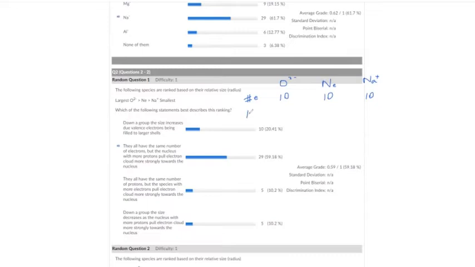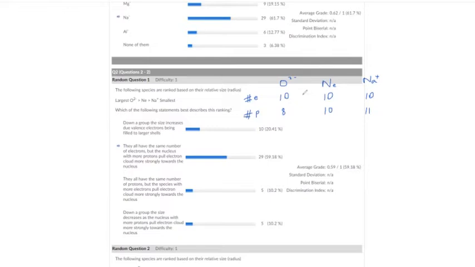And then I'm going to look at the number of protons. Oxygen 2 minus has atomic number 8, therefore it has 8 protons. Neon, the atomic number is 10. It has 10 protons. Sodium plus, the atomic number is 11, therefore it has 11 protons.